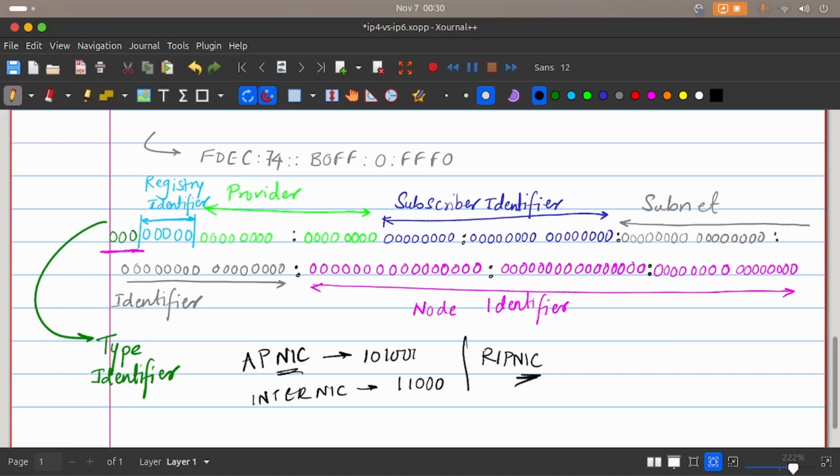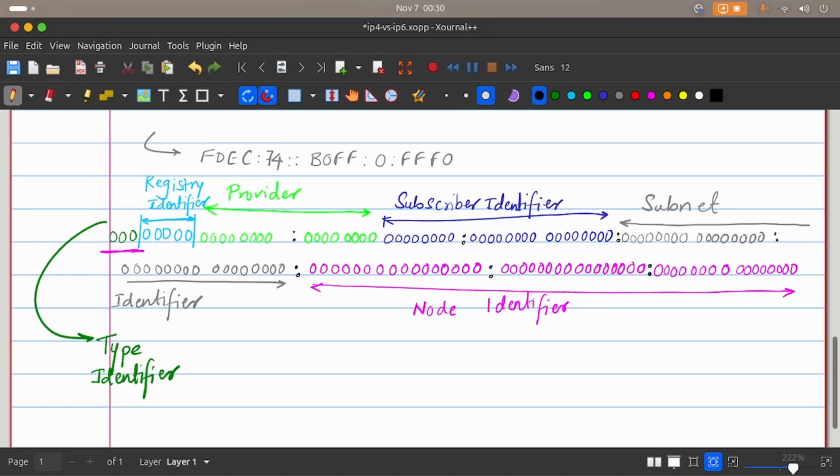NIC is common everywhere, and that is going to be 0100. So Europe's is the smallest, while the numbers for Asia and America are bigger. Okay, so that's pretty much it for the registry identifier.